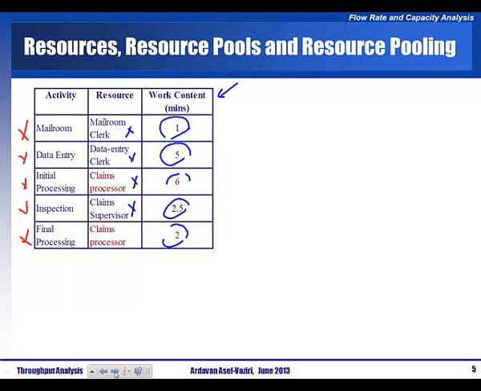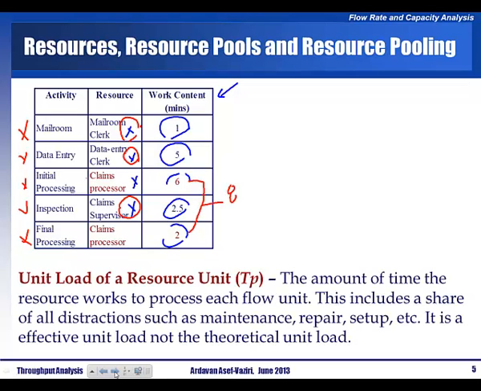These are work contents. Now if you want to compute unit load for all these 3 resources and centers, unit load is equal to work content, but for this one, unit load is summation of these 2, which is 8. So unit load of a resource unit, which we refer to as TP, is the amount of time the resource has to work to process each flow unit.